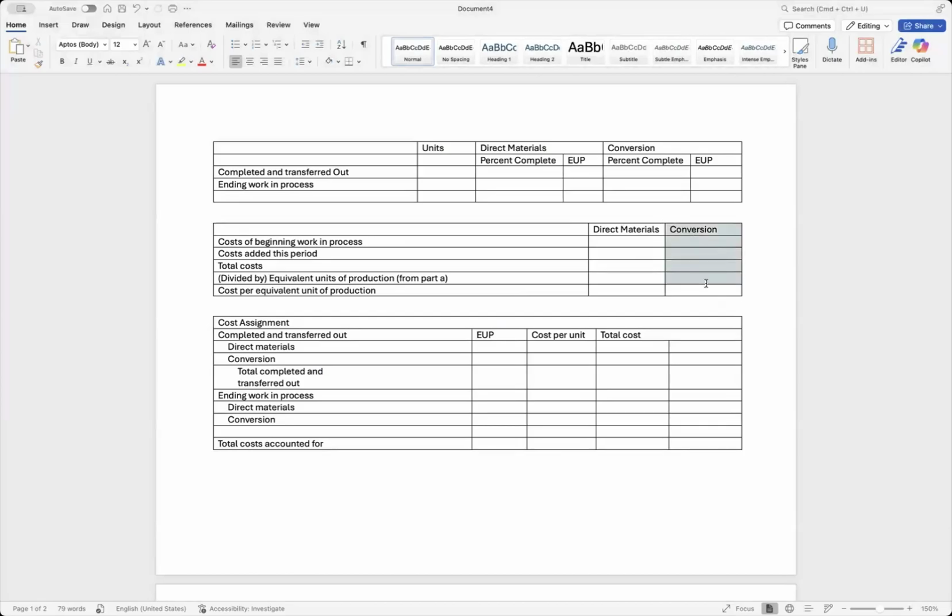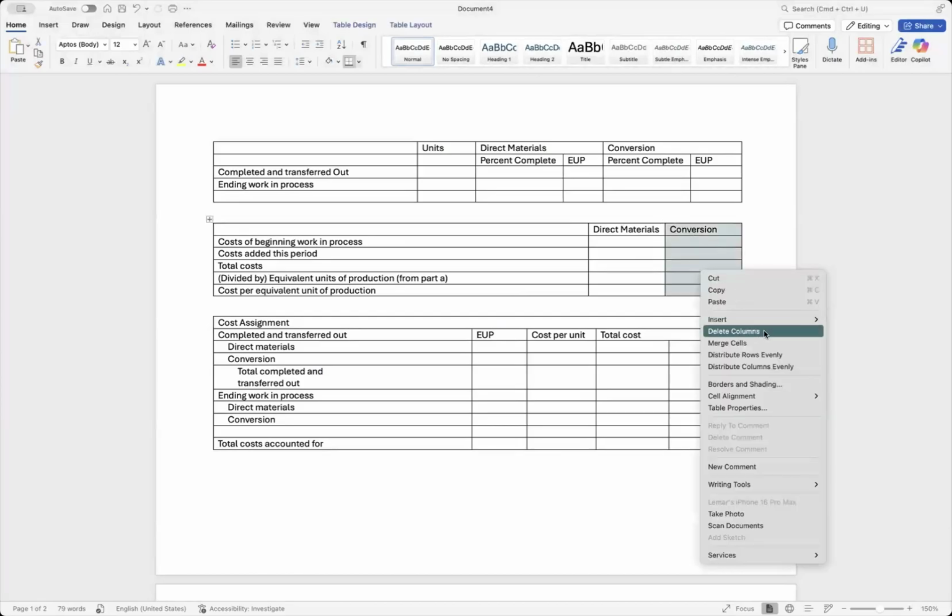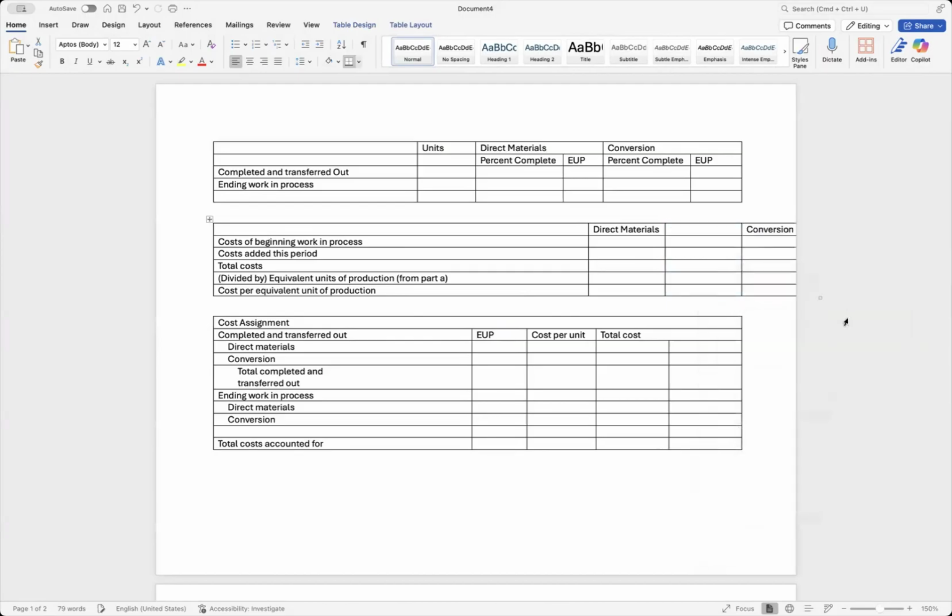I just need to add in some columns here. One second. Let's go insert columns to the left. You don't have to do this because these tables are already set up for you in Connect. So you don't have to worry about this, but because I do my tables manually, I need to make sure that it looks like what yours looks like.